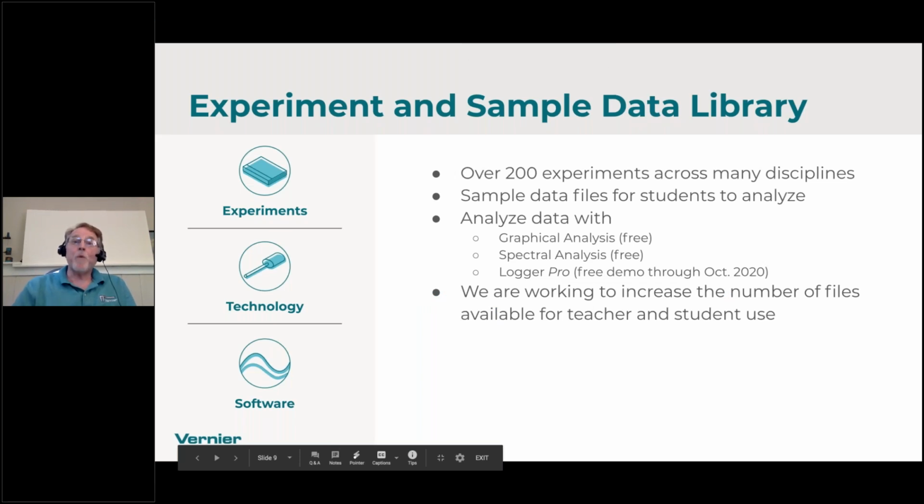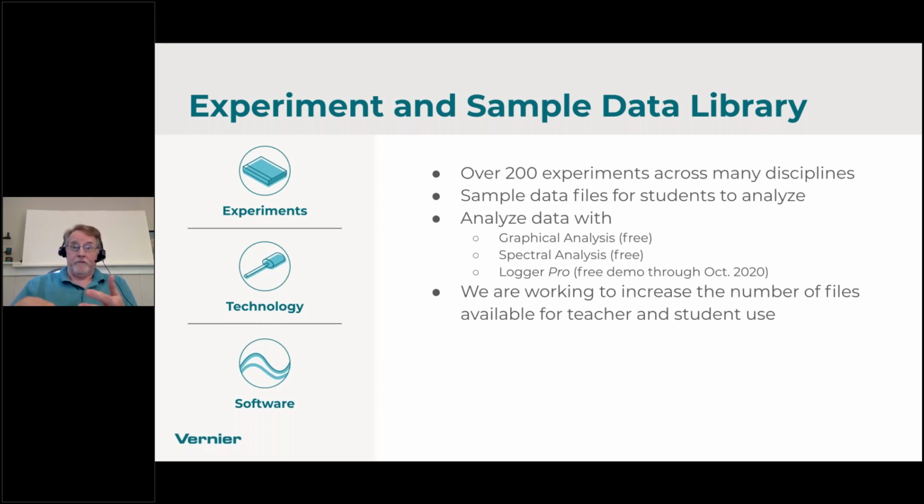The next part is the experiment and sample data library. Again, this is where we have provided, right now it says 200, but we're working on having some more of these. There are 200 experiments across different disciplines with the sample data files. The students can download the data for themselves and then use the software to analyze that data.